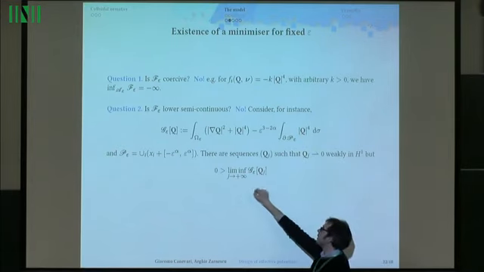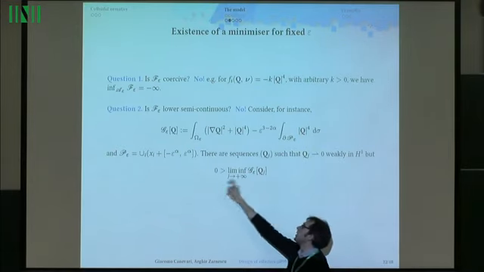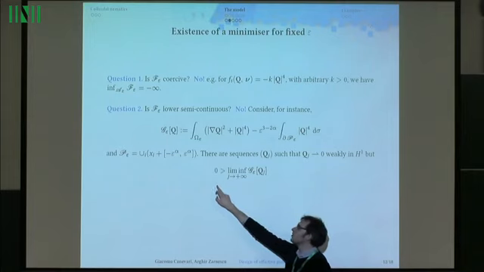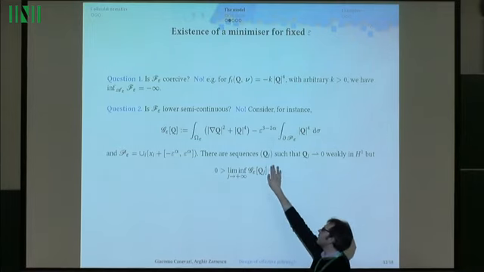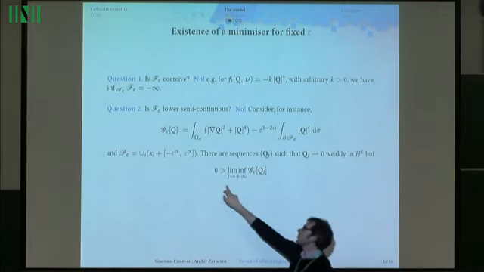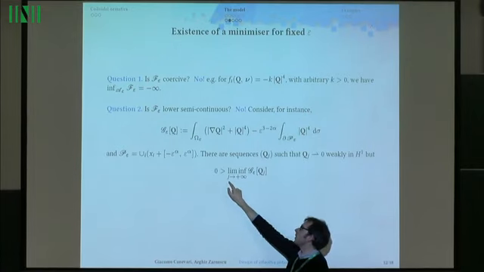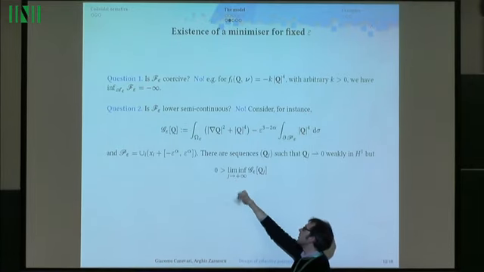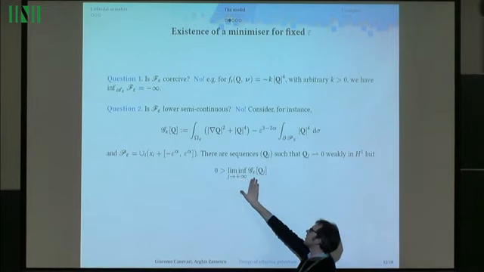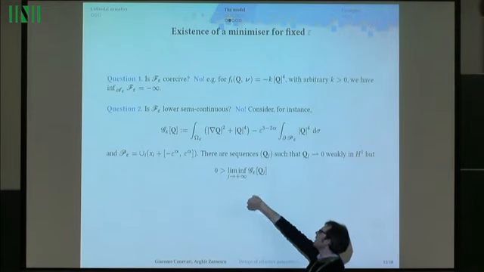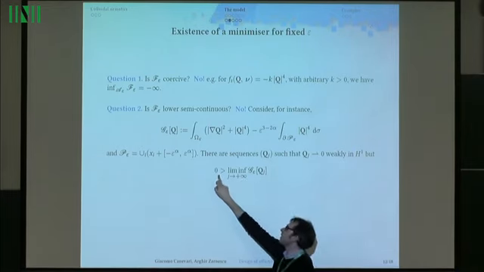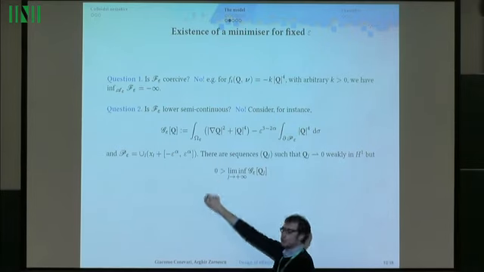In particular, the limit is 0, so the energy of the limit is also 0, but the energies of this sequence do not converge to 0 or to a non-negative limit. The energies stay negative, which means in the limit we are actually gaining energy.